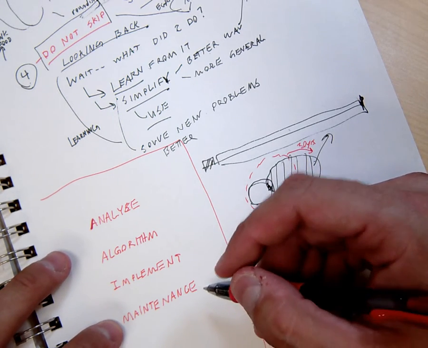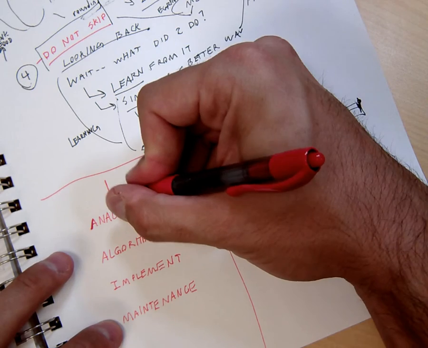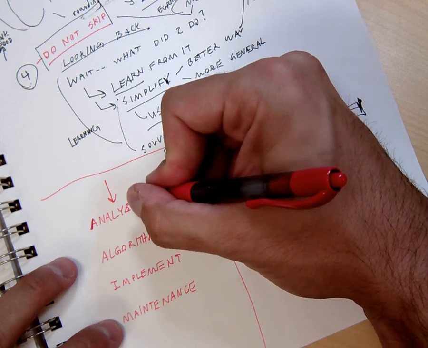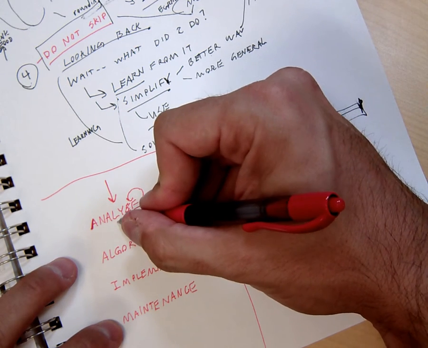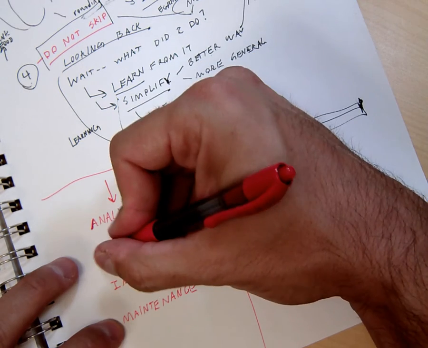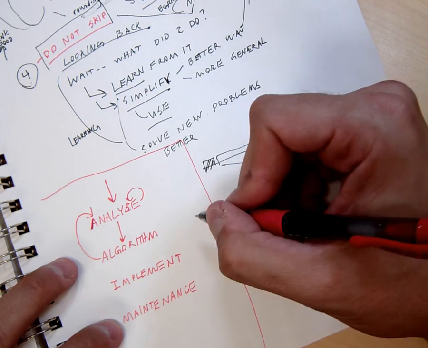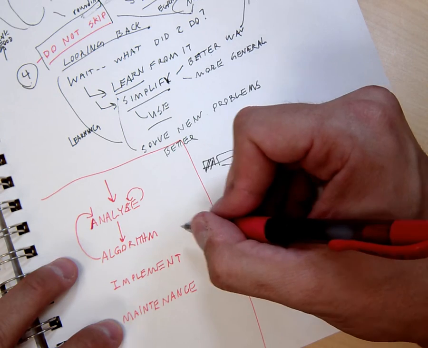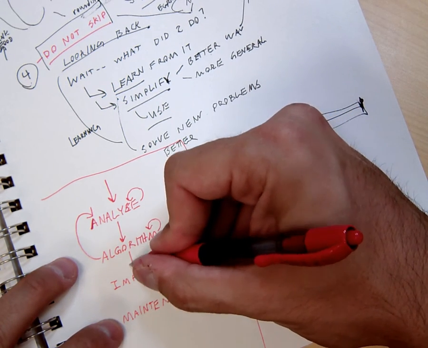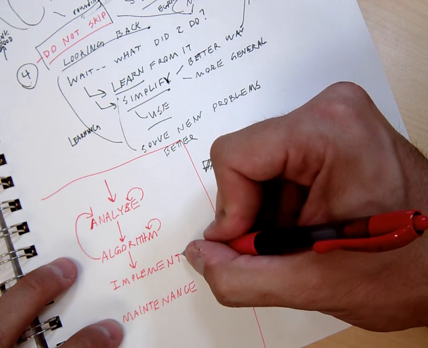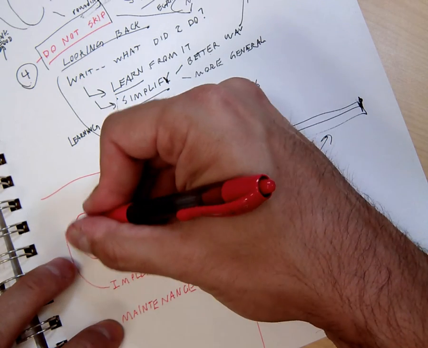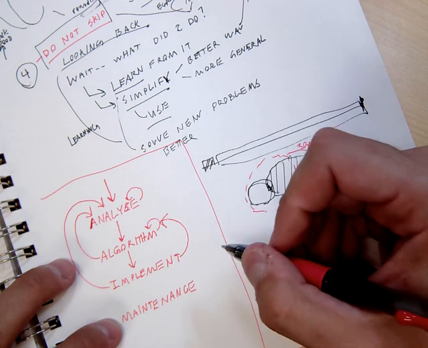But overall, it's true. So you come along, you've got some new problem, you analyze it, and you think it through, and then maybe you keep reanalyzing until you think you understand it. Then you go in and you try to develop an algorithm. And then that causes you to rethink the problem. So you go back and analyze it some more. And again, you keep adjusting your algorithm until finally it's time to implement it. And then, lo and behold, you discover there are new issues, and I need to rethink my algorithm, or maybe I need to go all the way back and rethink how I analyzed the problem.